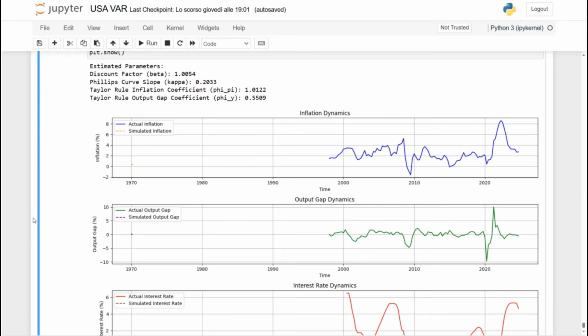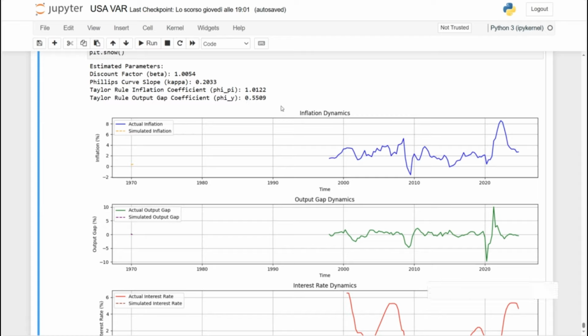So it's 1-to-1. Inflation up 1%, federal funds rate tends to be up by 1%. And it's very interesting, this data. So when you have a positive output gap of 1%, then the federal funds rate tends to be increased by 0.55.